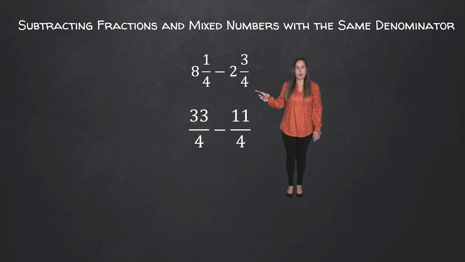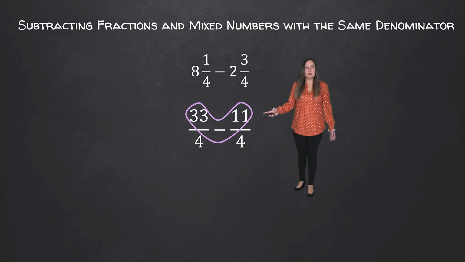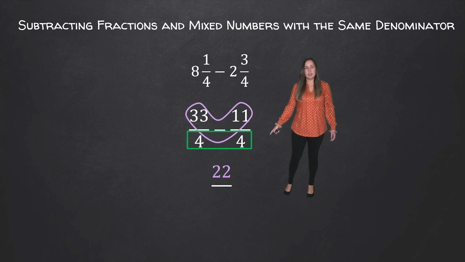And 2 and 3 over 4 is equivalent to 11 over 4. So now, because we have two improper fractions with the same denominator, we subtract the numerators. So 33 minus 11 is equal to 22, and then we keep the denominator of 4.